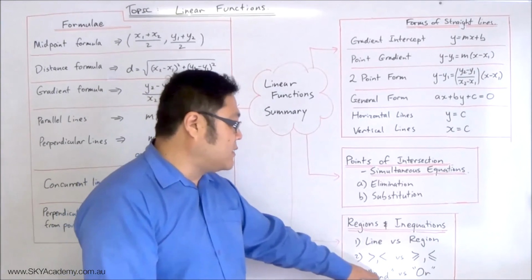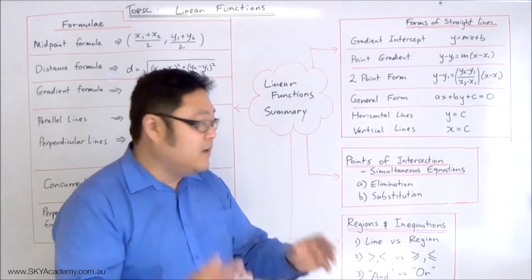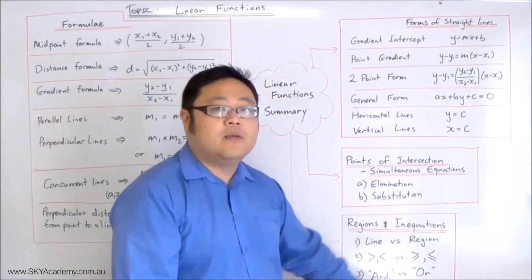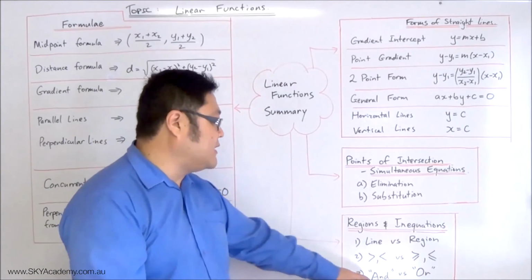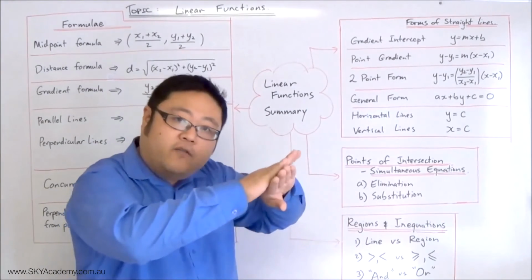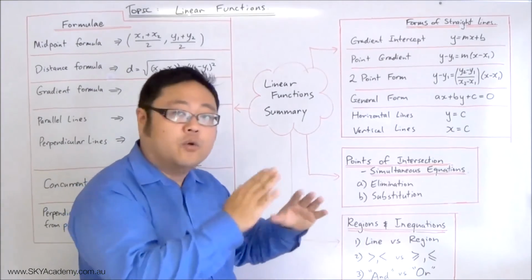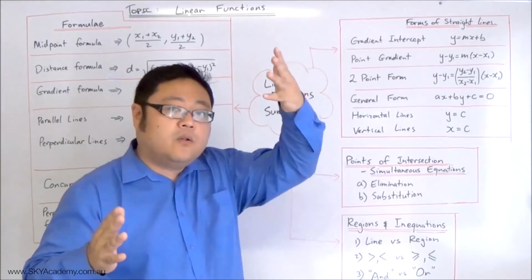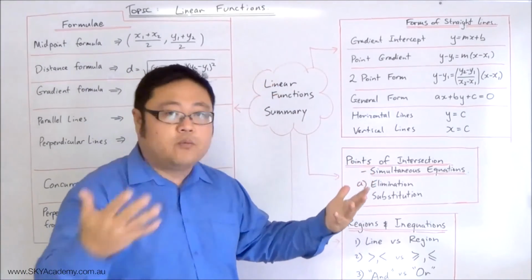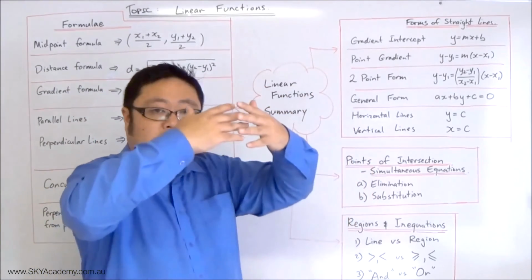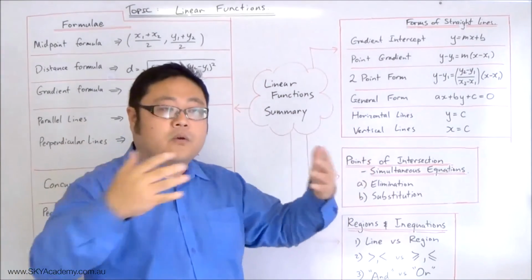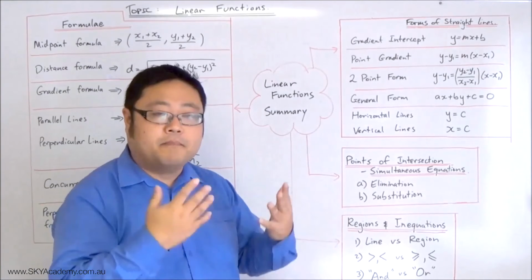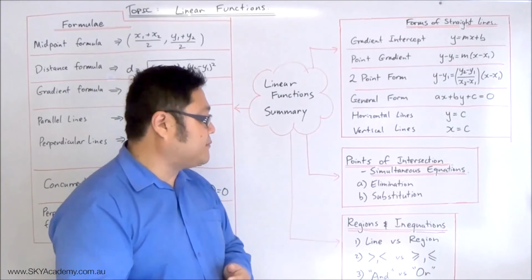And when combining regions, we looked at the difference between the word 'and' and the word 'or'. 'And' is where you have an overlap, and you look at the overlap, whereas with 'or', you're combining the total region in one with the total region in the other.